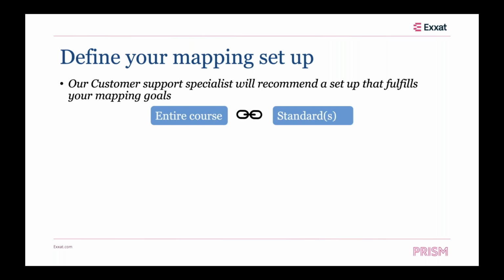So depending on your needs, depending on whether you are a new program that's in a candidacy status in their accreditation, or you are an established program and you have years of accreditation under your belt, your mapping needs might be different, right?